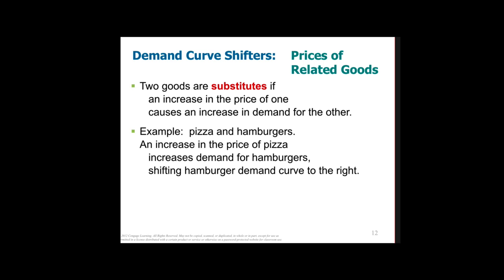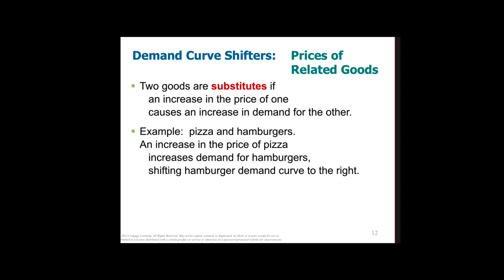For our purposes here, pizza and hamburgers are both nutritional things that you as teen people would eat. If the price of pizza doubles, you are going to thus demand greater quantities of hamburgers. If the price of hamburgers doubles, you are thus going to desire greater quantities of pizza. Got it?